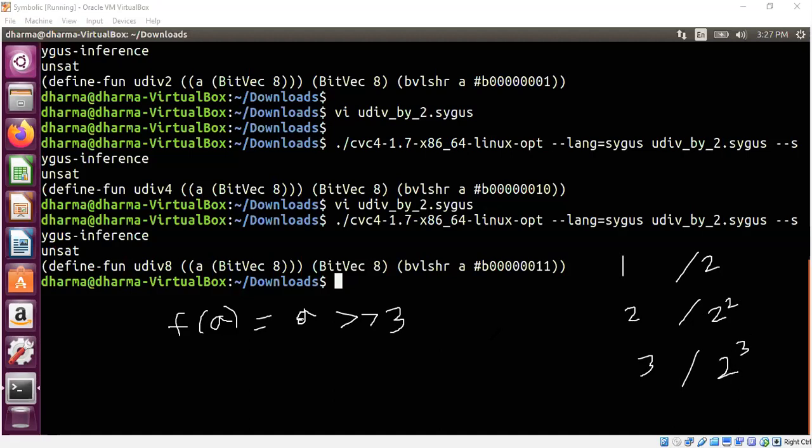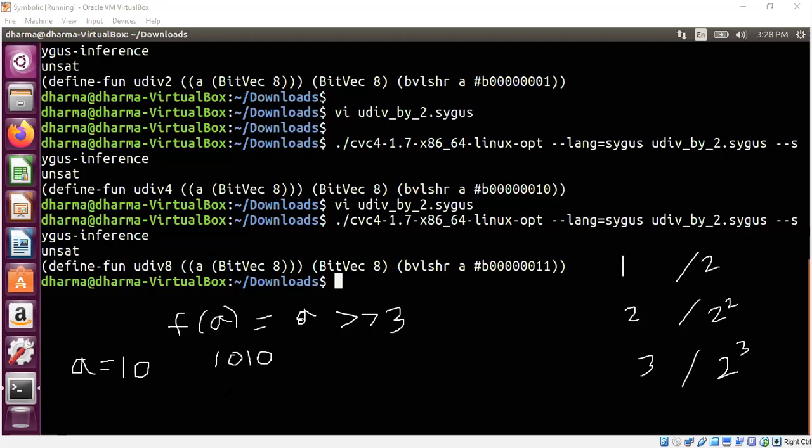Let's confirm with an example. Let's take our a to be say 10, right? What do we expect the answer to be? f of a means 10 divided by 8, which is 1. So what is the bit pattern of a? 10 means 8 plus 2, right? This is the binary representation.